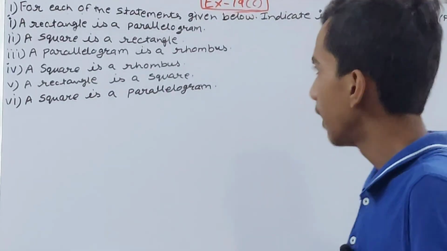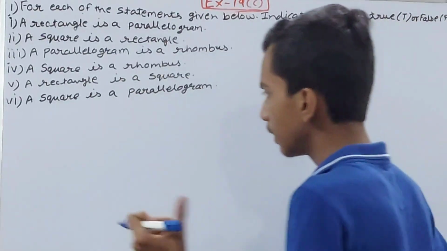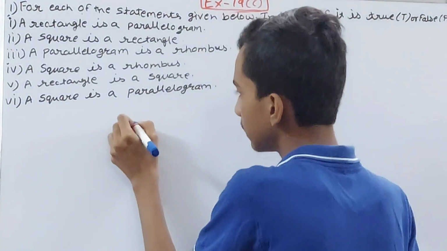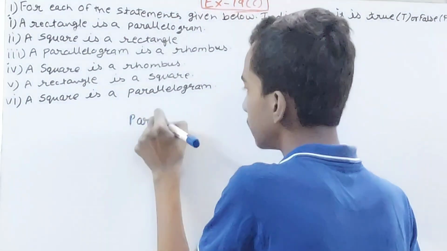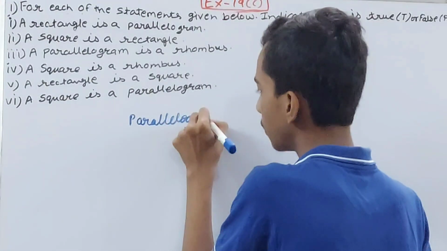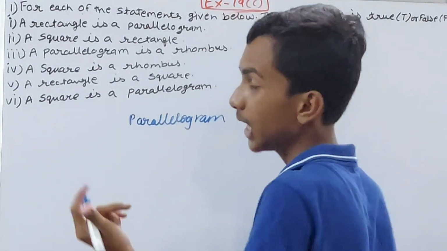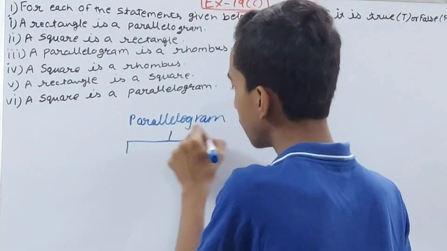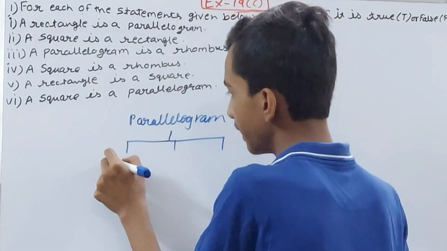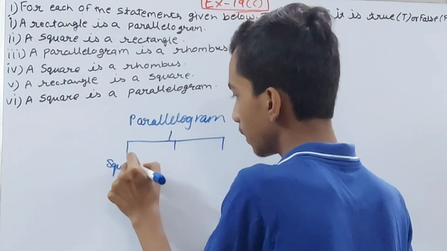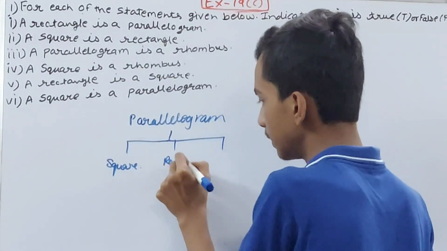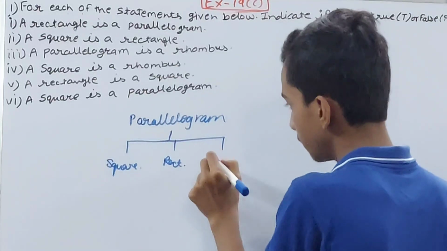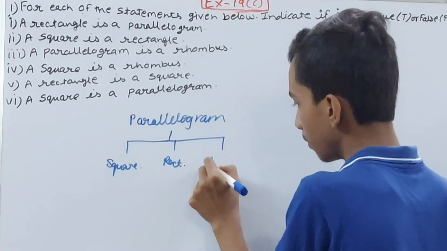the parallelograms. So the general thing about the parallelogram, as we all know, this is quite a short revision. A parallelogram is a type of quadrilateral, and it has been divided into three types that we're going to be studying right now. One is the square, another one is the rectangle, and the other one is your rhombus.